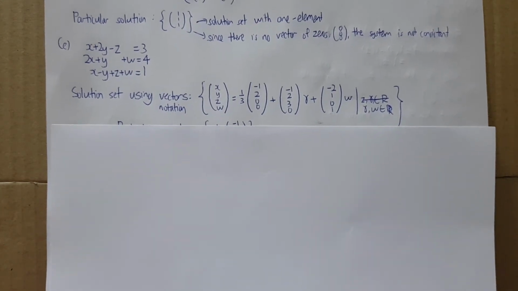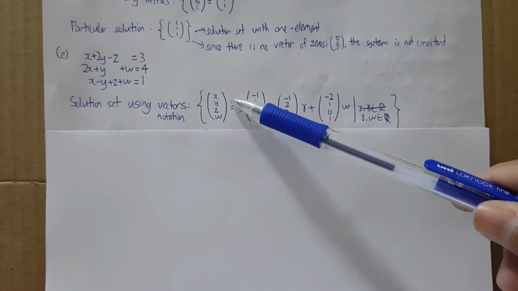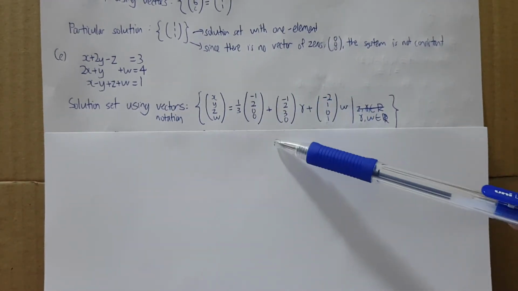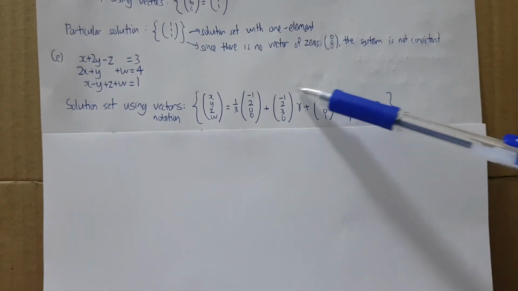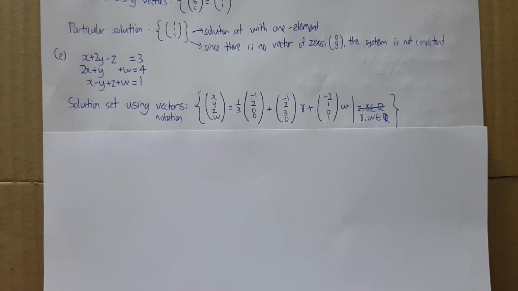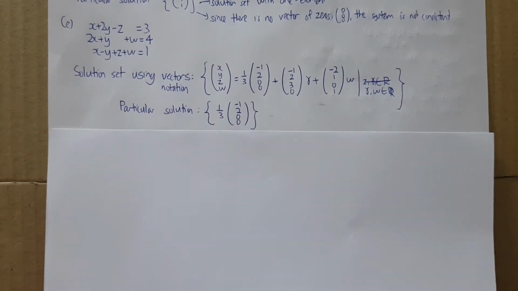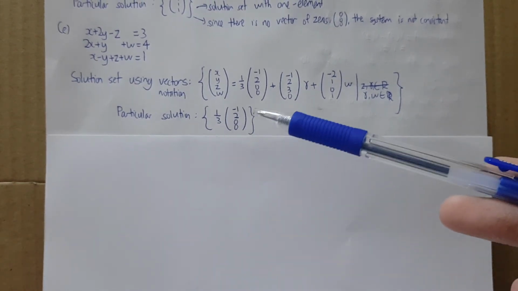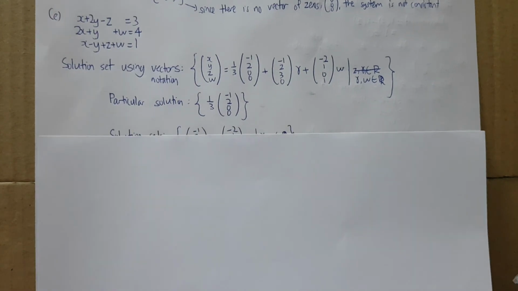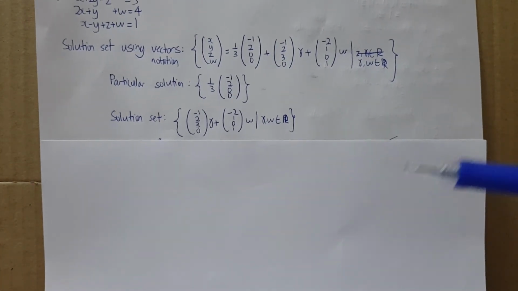Again, you have the particular solution, which is independent of any free variables, and the solution set of the homogeneous system is over here because it has the free variables with it. Our particular solution is 1/3, minus 1, 2, 0, 0 as here. And now we have the solution set of the homogeneous system, which is this part here.